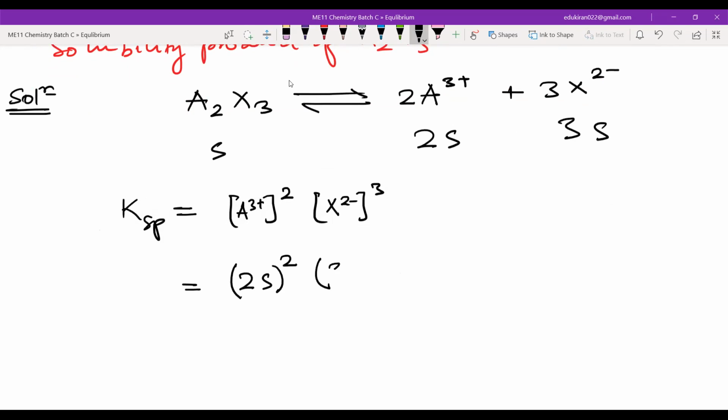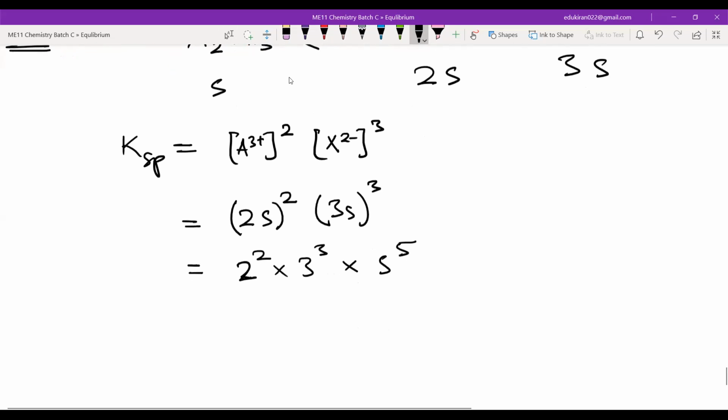X2 negative is 3s, cubed. So we can write this will be equal to 2 squared times s squared, into 3 cubed times s cubed, which gives s to the power of 5.